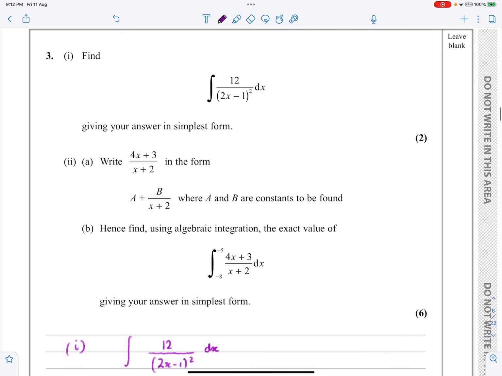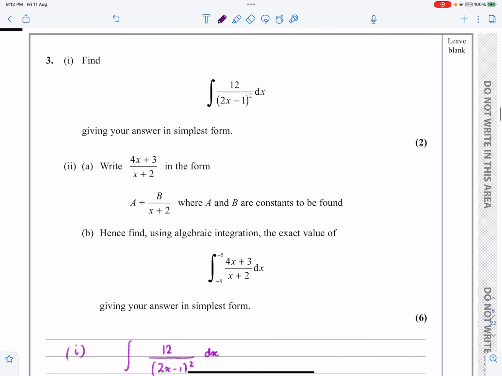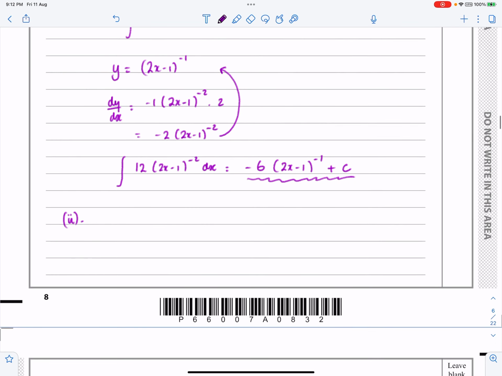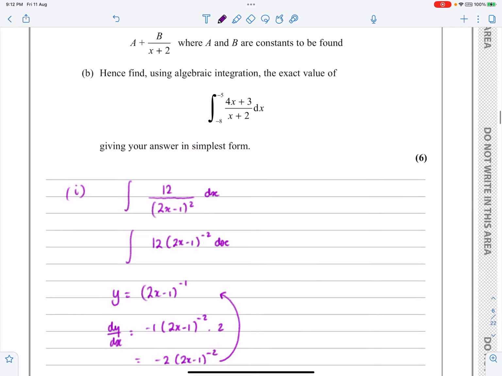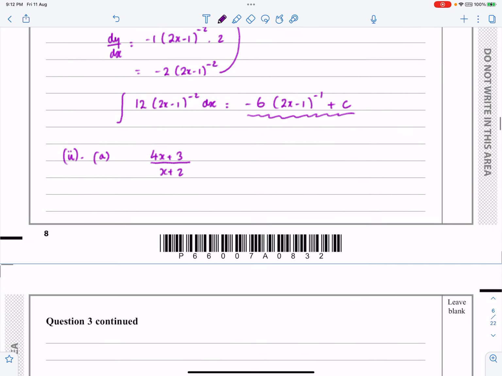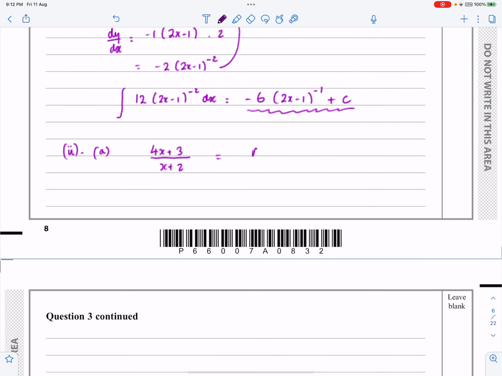Okay, that's 1. So 2 part A. 2 part A says, can we write (4x plus 3) over (x plus 2) in the format a plus b over (x plus 2).